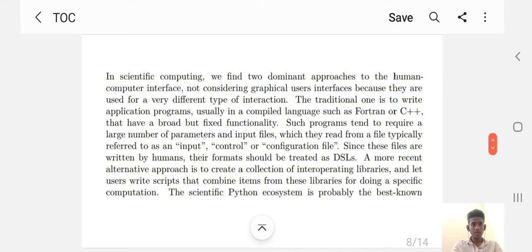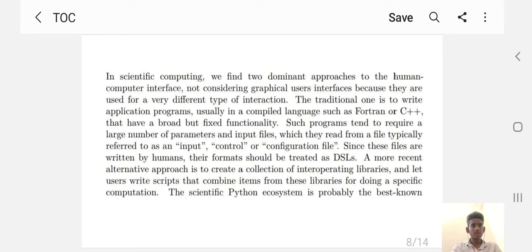In scientific computing, we find two dominant approaches to the human computer interface, not considering graphical user interfaces because they are used for very different types of interaction. The traditional one is to write application programs, usually in a compiled language such as Fortran or C++, that have a broad but fixed functionality.